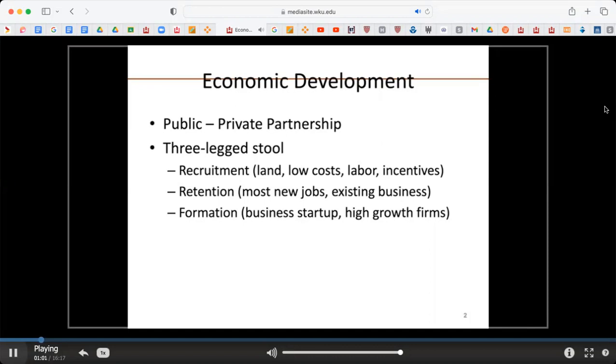The economic development arm of that organization is a public-private arm in that usually city and county government, rather than competing, will provide funding to create one organization that's a single point of contact that focuses on the development of the region in a unified manner with all the different governments that are involved. In many cases, it's a multi-county effort, as it is in South Central Kentucky.